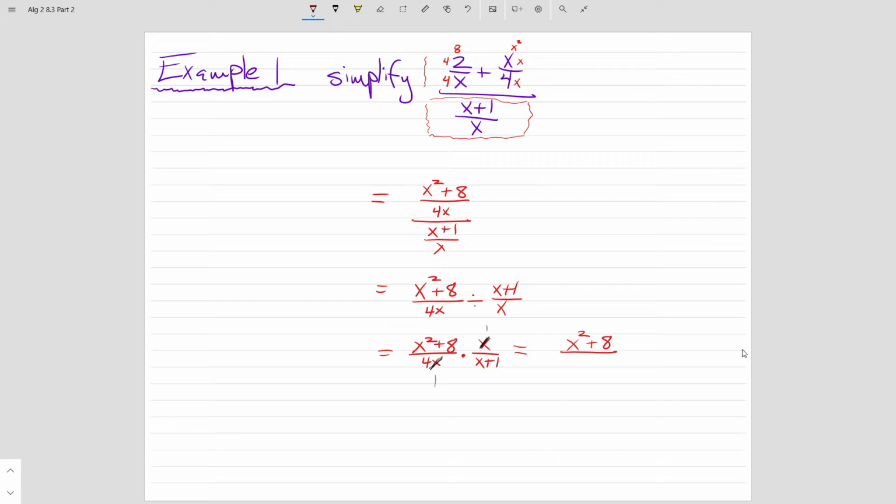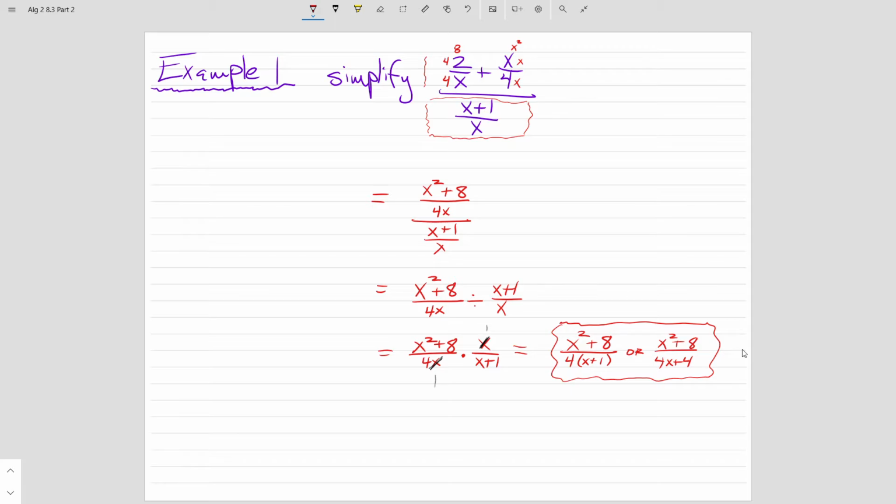On the bottom is 4 times x plus 1, and you could write it like this, or you could multiply them out, your choice. And then this would be a reduced final answer.